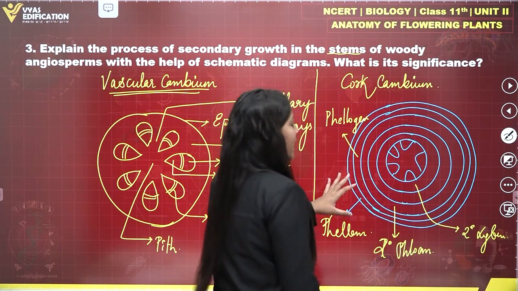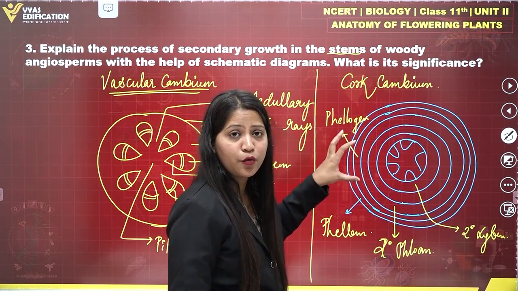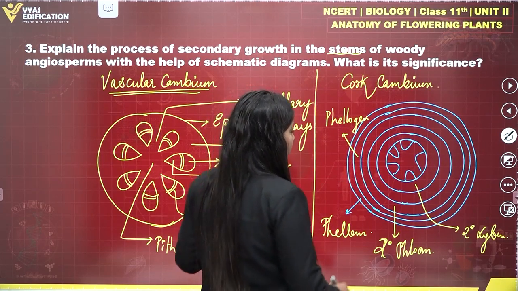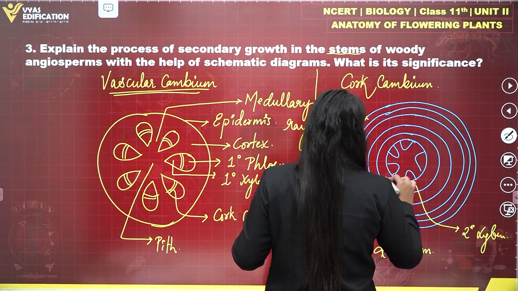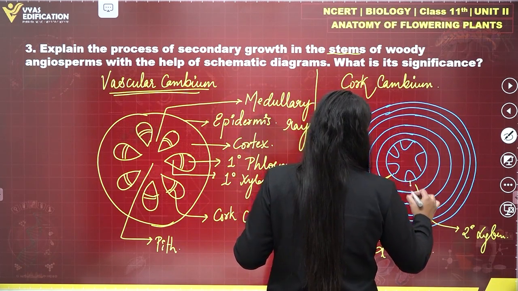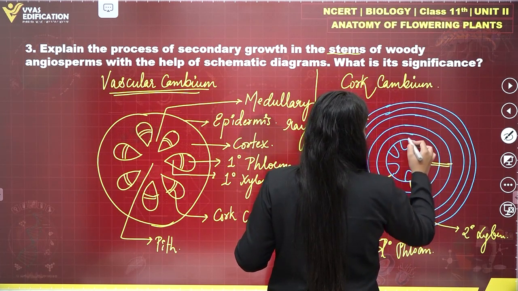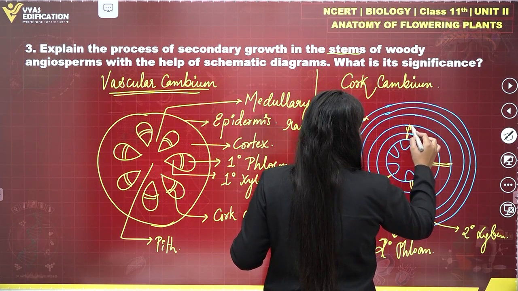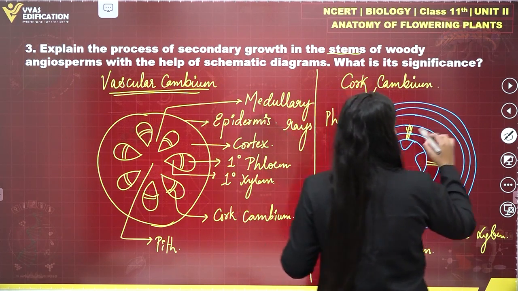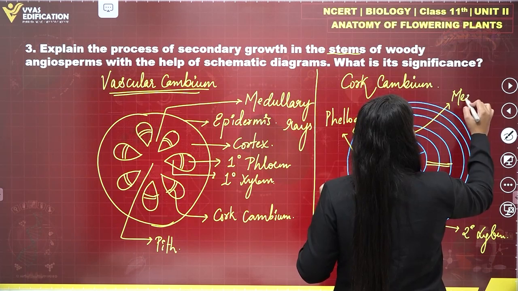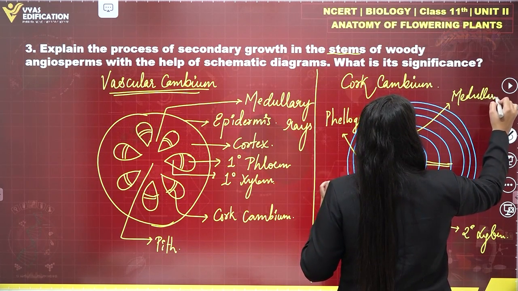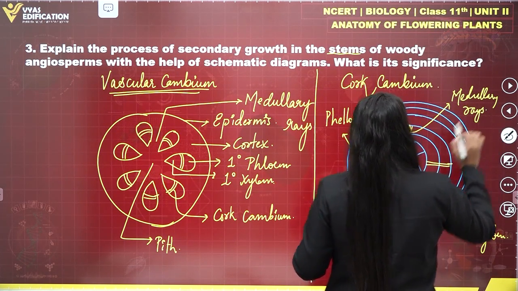Now you are going to make rings, cambial ring and medullary rays. So these are medullary rays like this. Let's write first of all this as medullary rays, right?